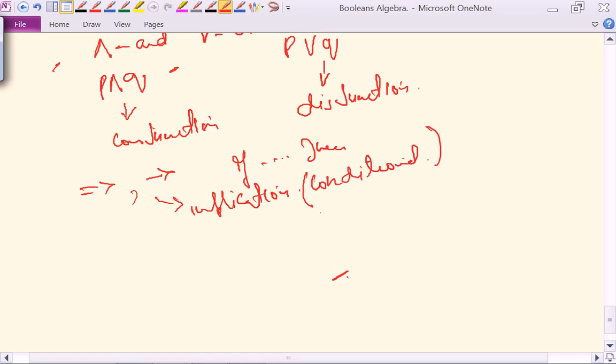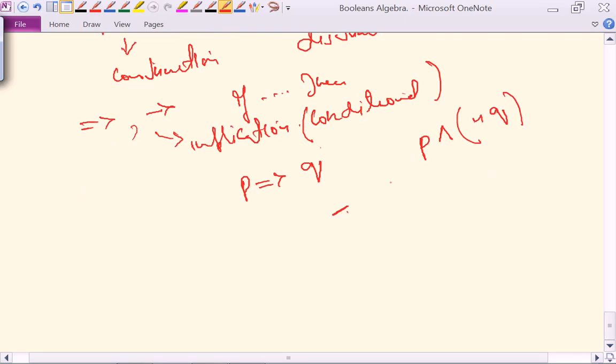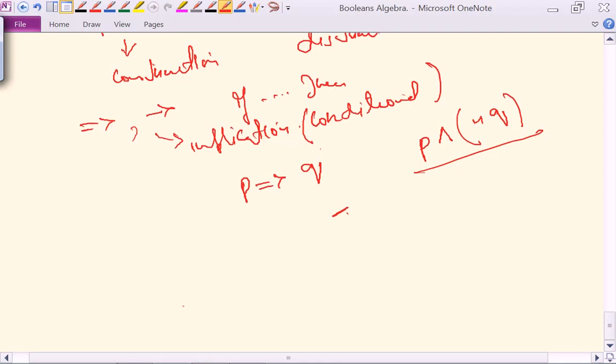That which is giving some condition: if some condition, then it should be something like that. So we show it like this: P implies Q, that is, if P then Q. I have already shown this is P and not Q, shown like this, equivalent. You getting what I'm saying?